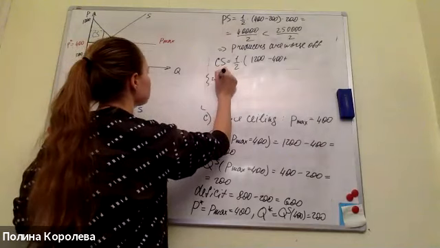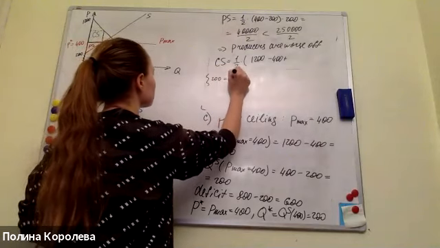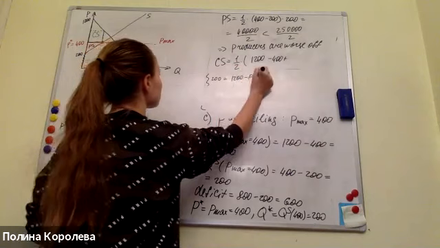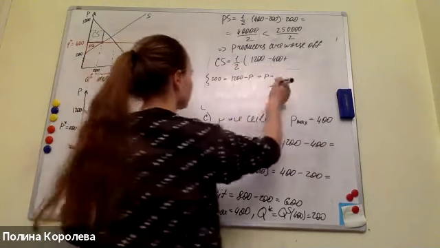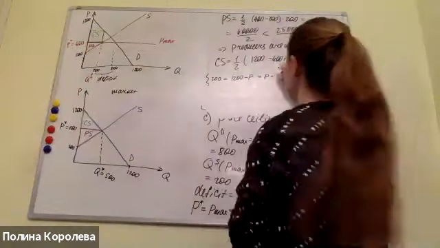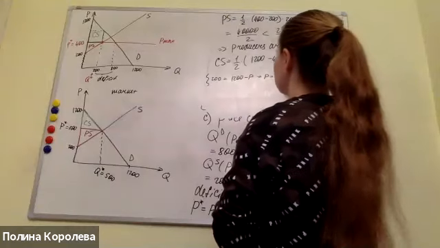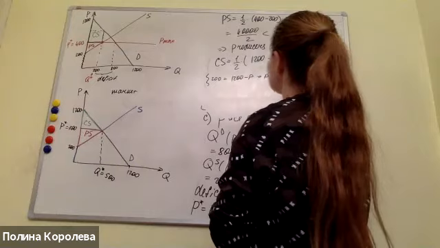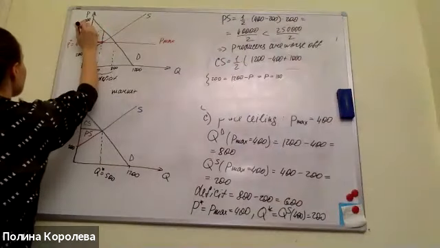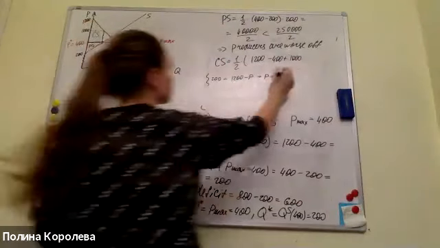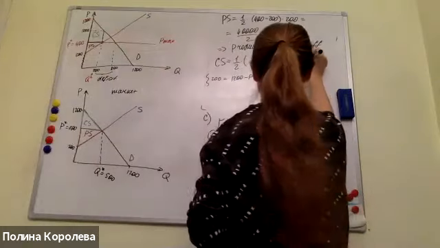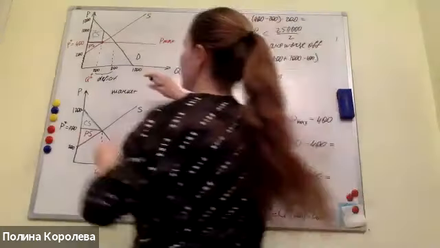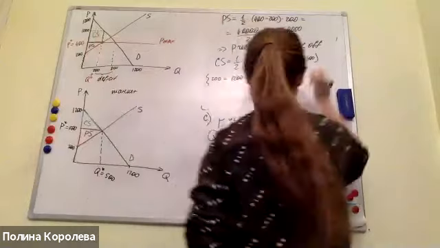200 equals 1200 minus price. So the price, the maximal willingness to pay for such quantity, is 1000. So here 1000 minus 400, multiplied by the height 200.